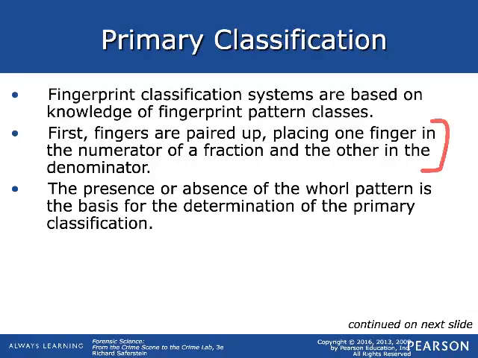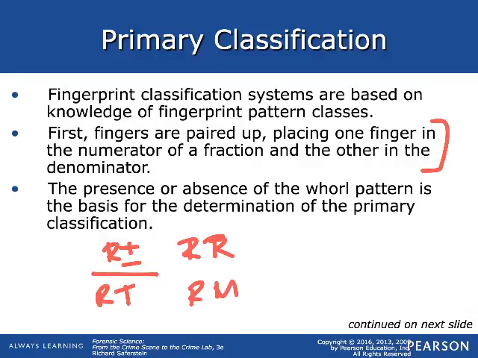Fingers are paired up, and they place one finger in the top of a fraction and the other in the bottom. It's written in the book, but I don't expect you guys to memorize it. So they might put the right index finger over top of the right thumb, and then the right ring finger is over top of the right middle finger, and so on. So they have all of these fingers set up in these equations.